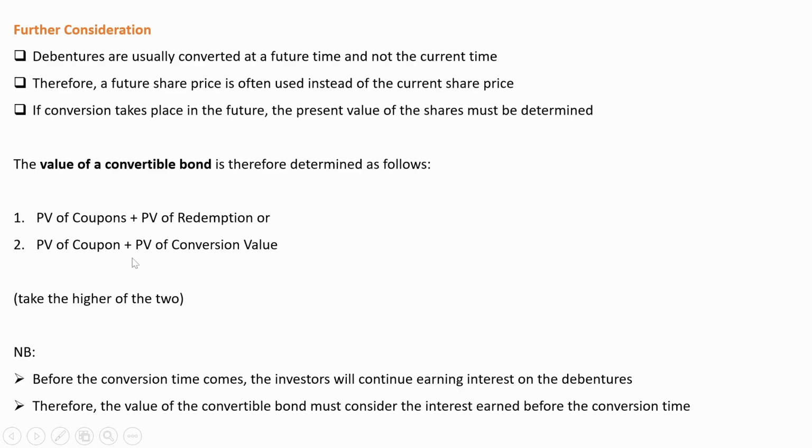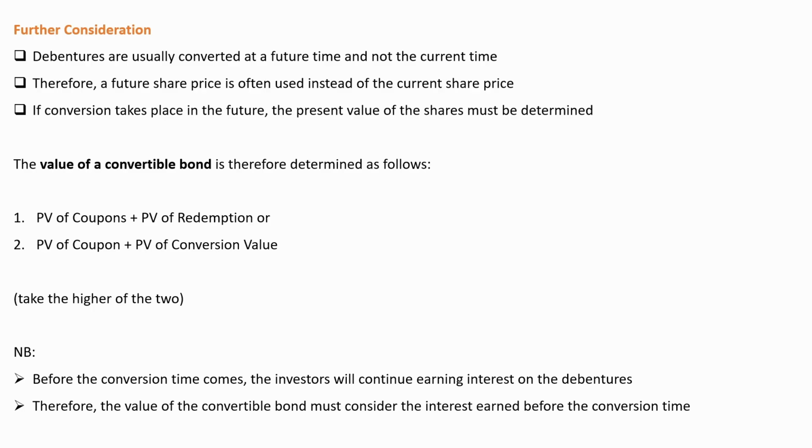So you will notice here that for the equity value, we are adding the coupon. So why are we adding the coupon? Initially we were just taking the conversion value, but here we have calculated the present value of conversion value, and in addition we have added the present value of coupon.